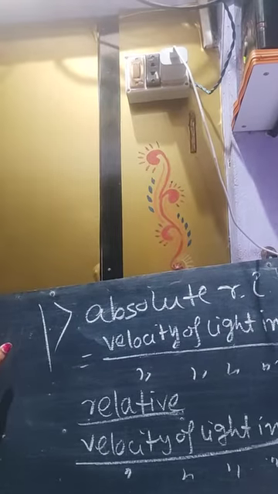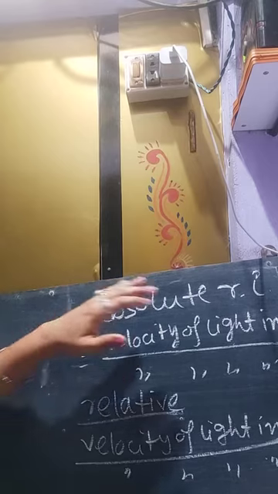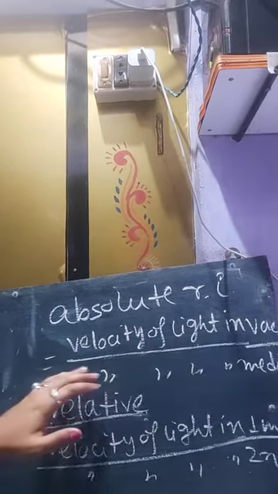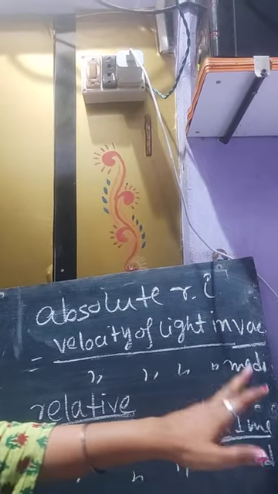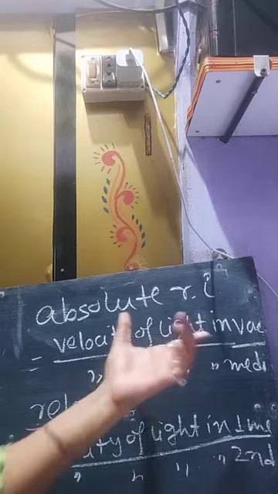Why greater than 1? The reason is that for the absolute refractive index, it is the velocity of light in vacuum with respect to the velocity of light in the medium. The velocity of light in vacuum will always be more compared to any medium, right? Therefore the absolute refractive index is always greater than 1.